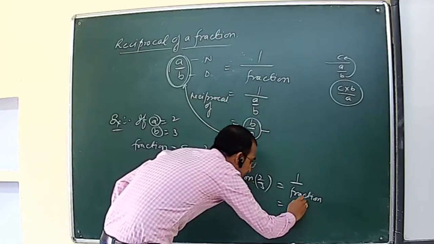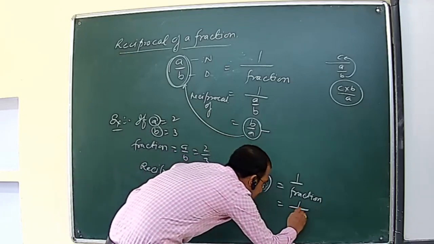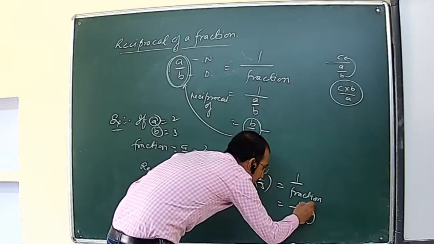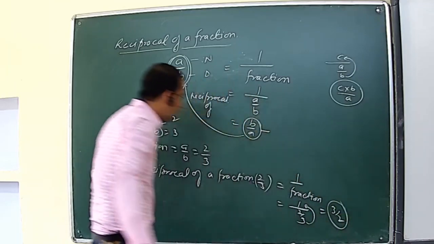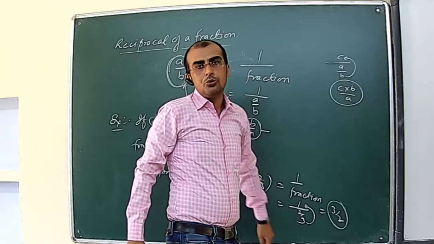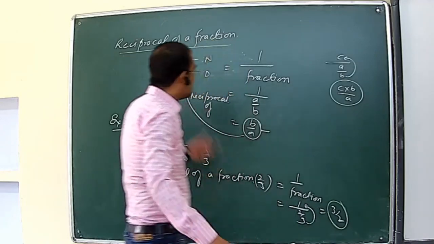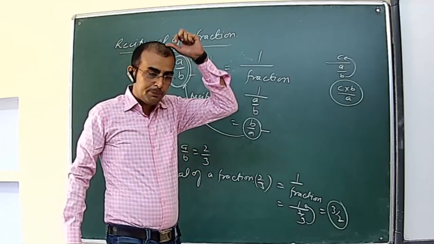Our fraction is 1 upon 2 by 3. So you will write 2 by 3, and 3 will multiply here, so its value equals 3 by 2. It means that the reciprocal of 2 by 3 equals 3 by 2. Is it clear? So this is the reciprocal of a fraction. We can write it like this.